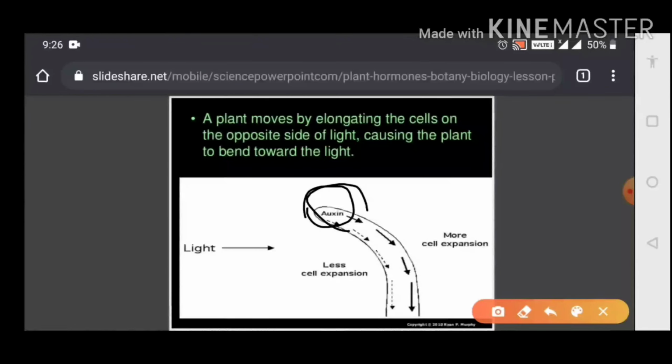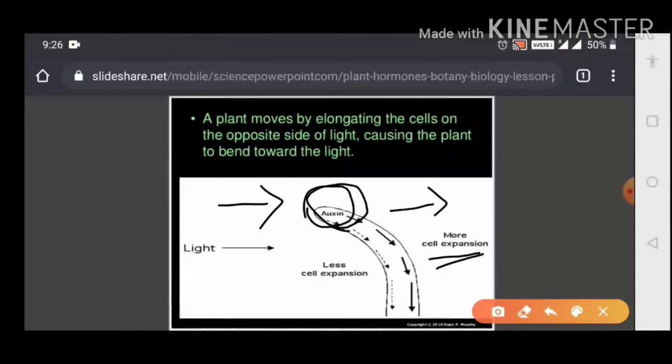This auxin, which was at the tip of the shoot, is moving away from the light. If light is coming from this direction, the auxin is moving to the opposite direction. And this auxin triggers or stimulates the expansion of the cells.